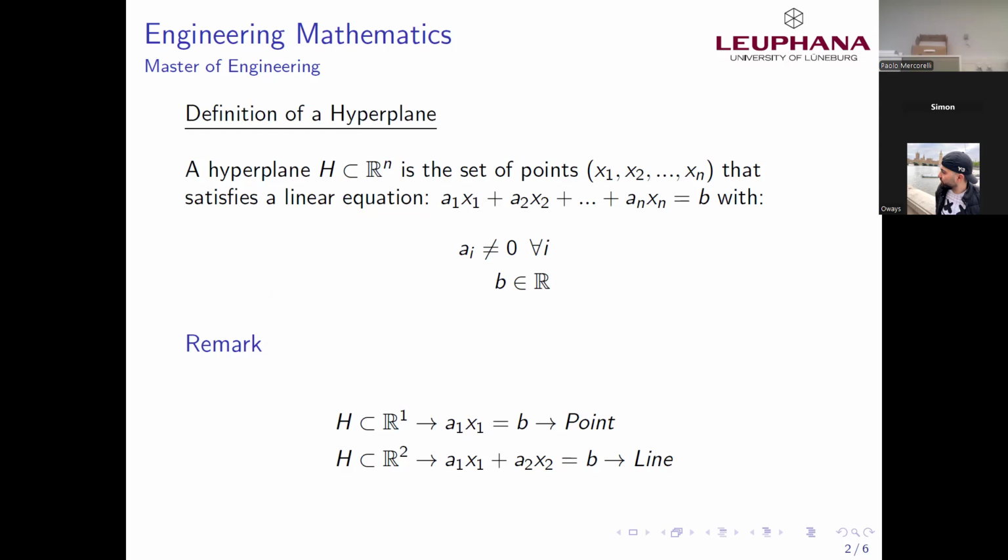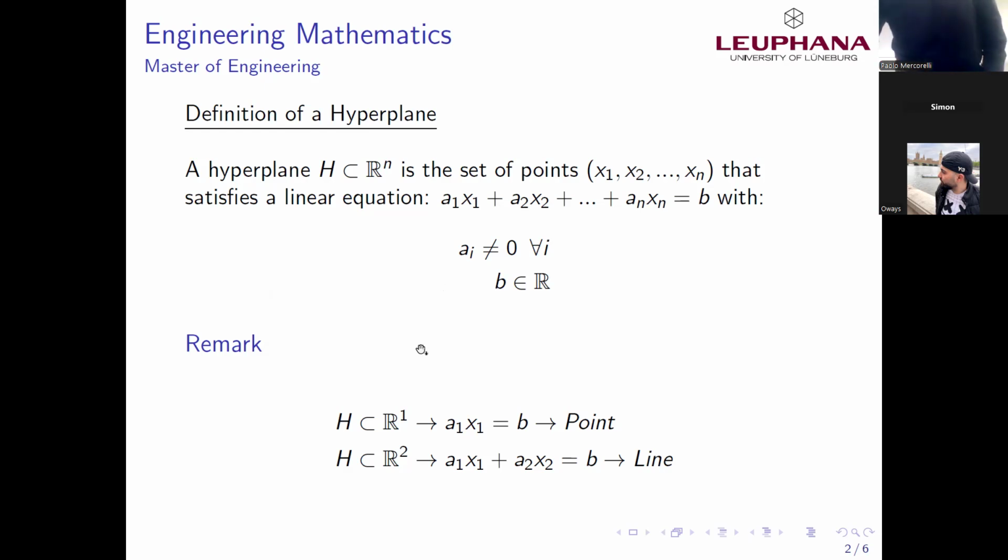This set satisfies a linear equation: a1 multiplied by x1 plus a2 multiplied by x2 plus dot dot plus an multiplied by xn equals b, with ai not 0 for each i, and b a parameter.